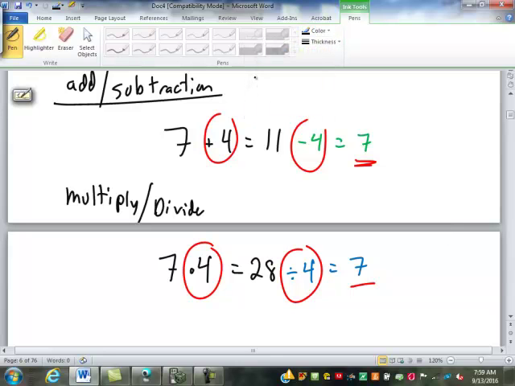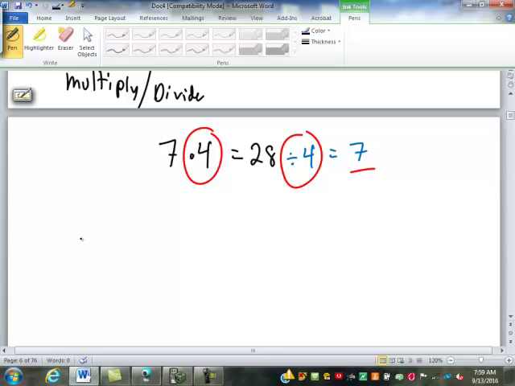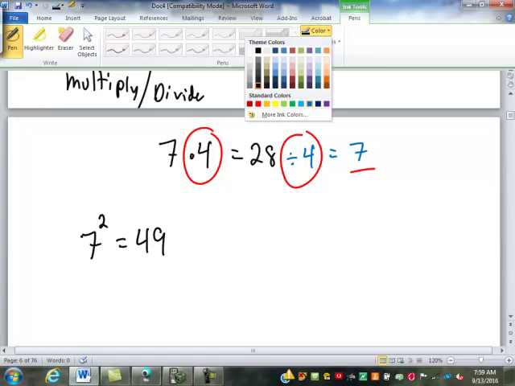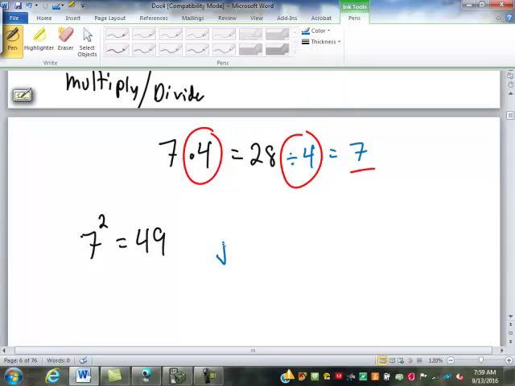Well, these powers we've been talking about are just another operation. So if I have 7 to the power of 2, 7 squared is 49, I have to be able to get back to 7 somehow. How would I do that? Square root. The square root of 49 is the reverse of squaring it.